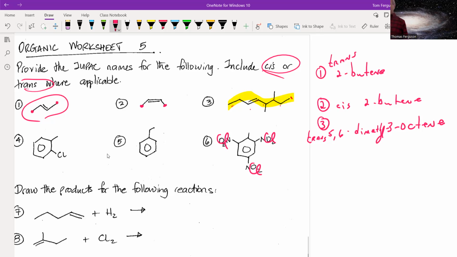So we have a methyl group here. That means the base molecule is a benzene with a methyl group, toluene. So this is going to be toluene. I think I spelled that right.